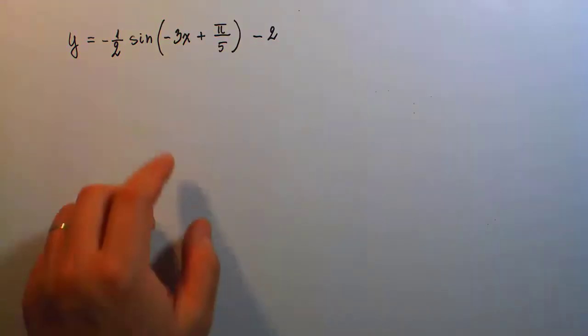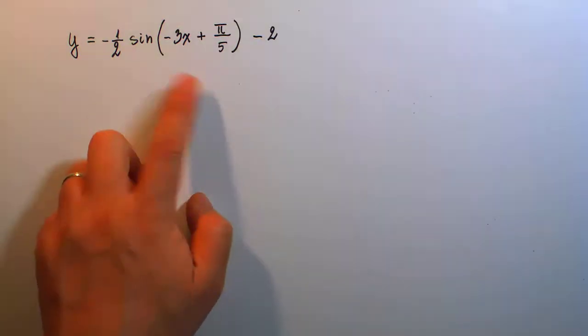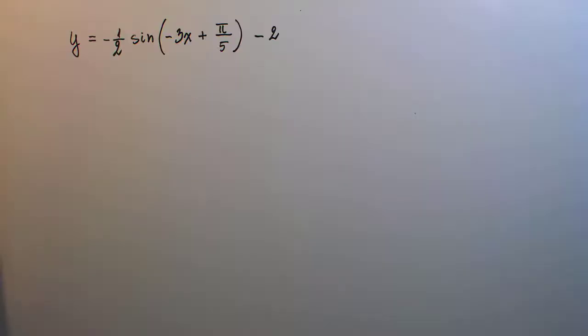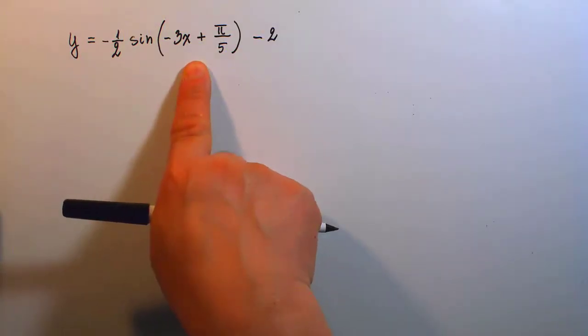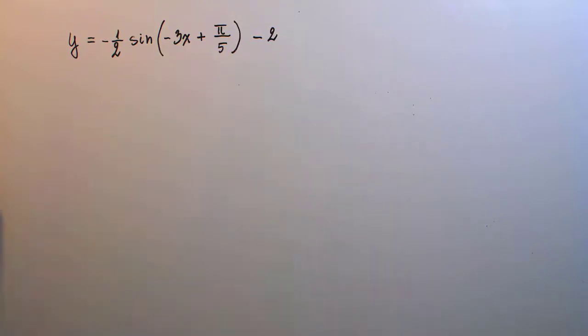When we are working with an expression that looks this complicated, before we try to nail down any transformation involved here, let's first work on the linear expression inside of our trig function, and the same experience can be extended to any other trig function.